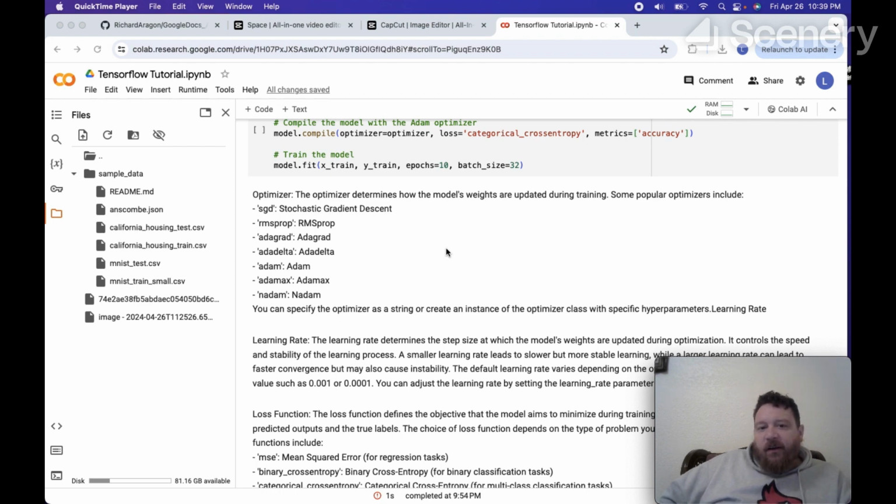I have other ones listed here, and all of the other ones listed here are derivatives of the Adam optimizer. There's a reason why the Adam optimizer is very prevalent. It's very good across the board. There's not an optimizer that's been found that is better for generalized use across the board.